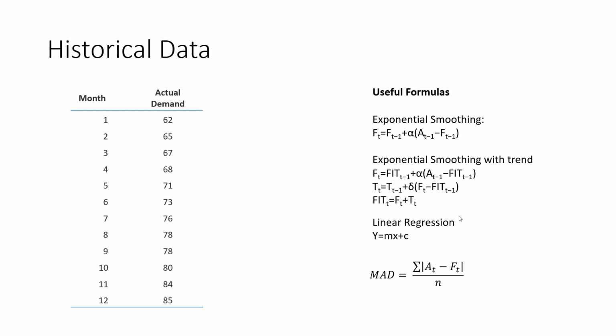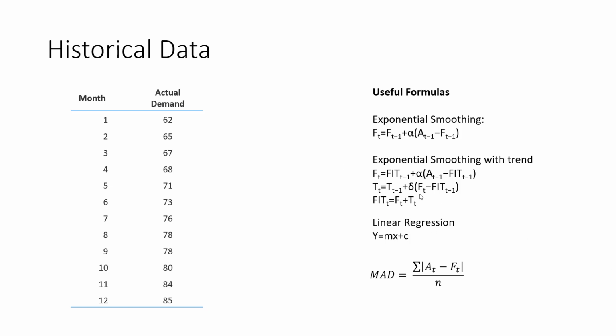So we need the forecast including trend of t minus 1 to calculate the forecast for t. And what we do with this? We also use a trend for time t, where Tt is T(t-1), the trend of the previous period, plus delta times (Ft minus FIT(t-1)). And then you add Ft and Tt together to get FITt.